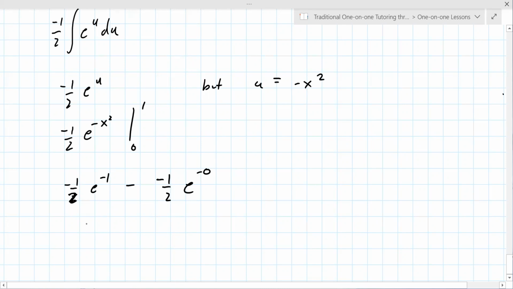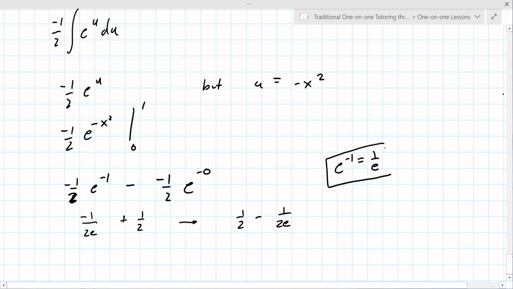So on the left here, this is 1 over e. So it's -1 over 2e. On the right, these two negatives combine. e to the 0 is 1, so it's 1/2. The more common way you would see this written is 1/2 minus 1 over 2e. Wait, so e to the -1 is what? 1 over e. And e to the -0, e to the 0 is 1.